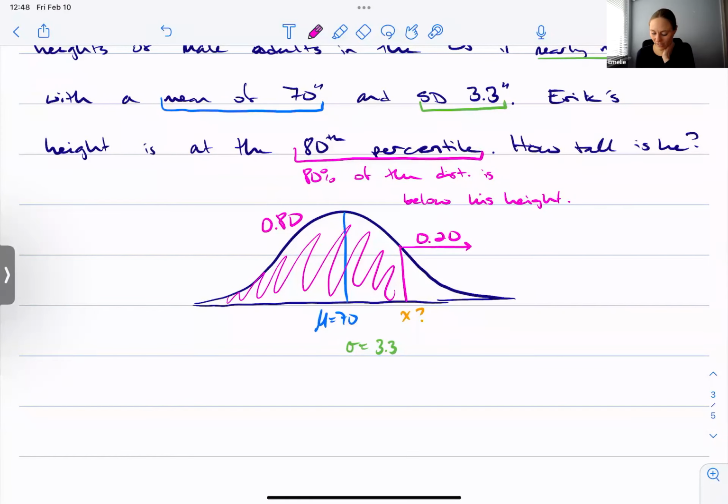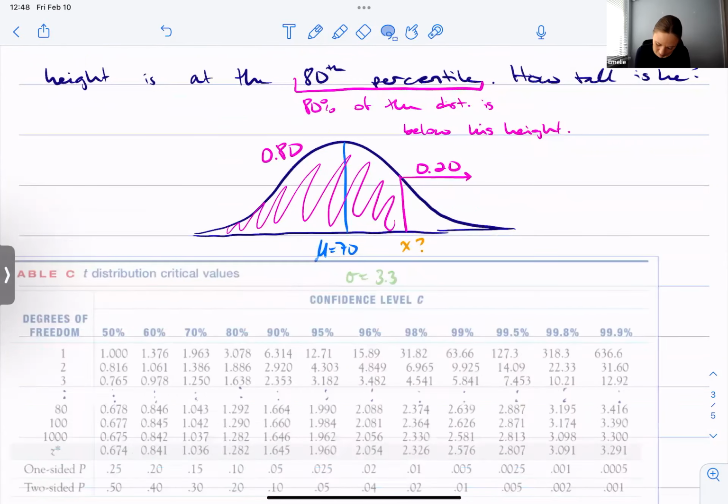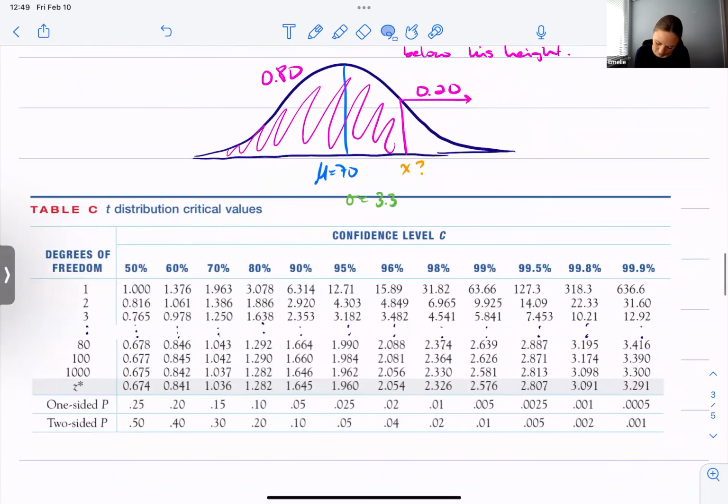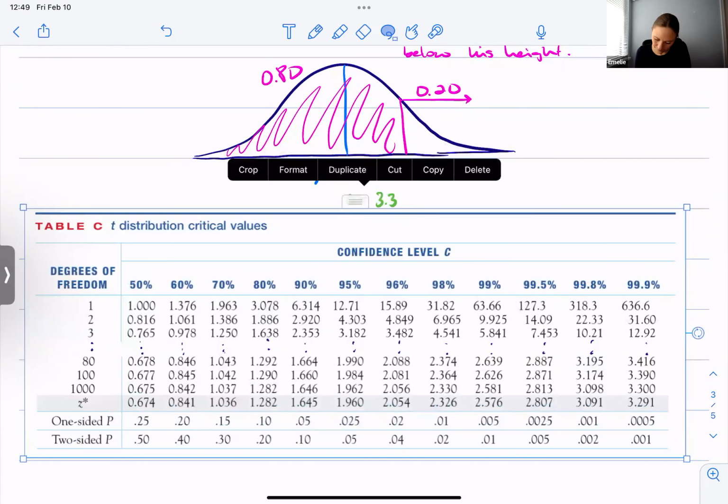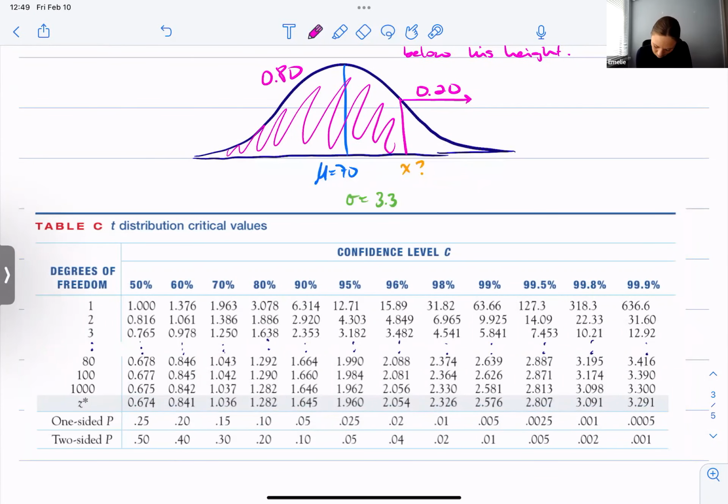Then I can use the fact that I don't know the value of x, but I do know the value of z that forces 0.2 in the upper tail. So a Z of 0.841 forces an area of 0.2 in the upper tail.